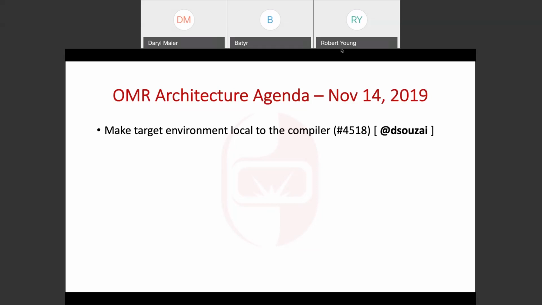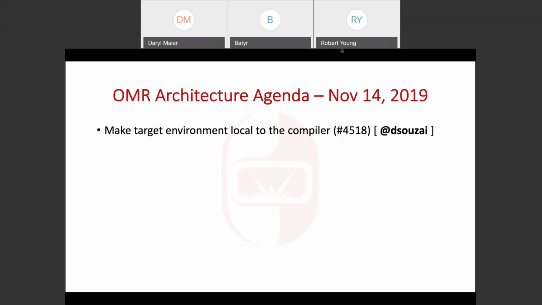Okay, so just a bit of history on the compiler environment structure. The intent there was to begin to redesign the way that we do things.